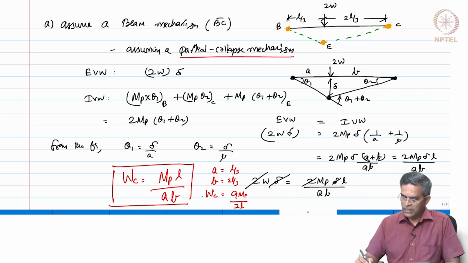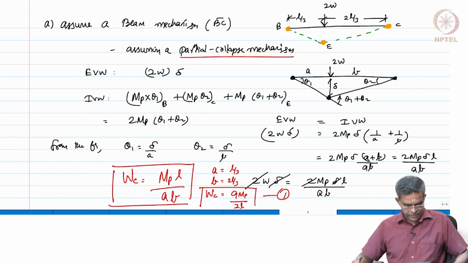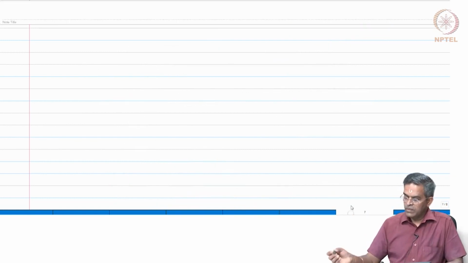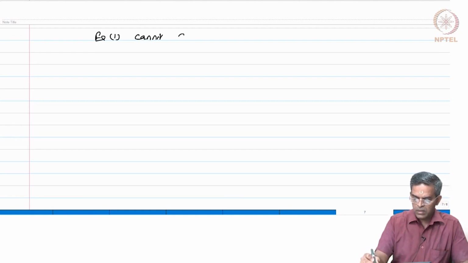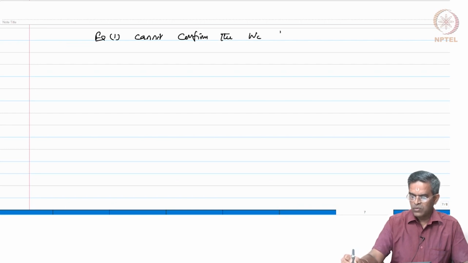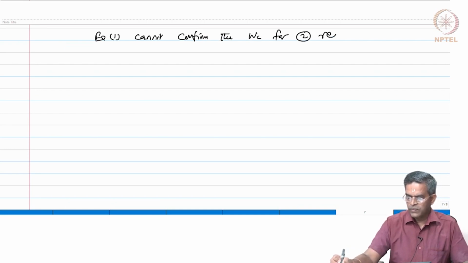Okay, that is my answer. I call this equation number 1. Equation 1 cannot confirm the collapse load for two reasons. One, it is based on a partial collapse mechanism.